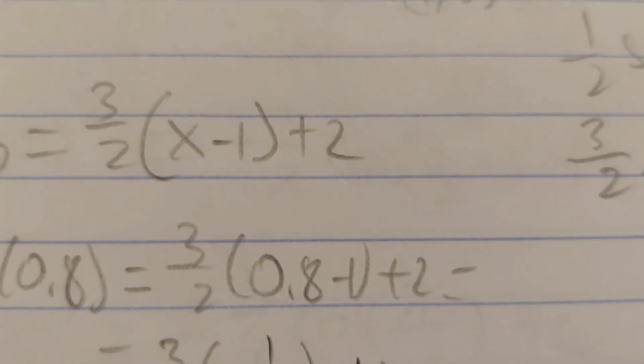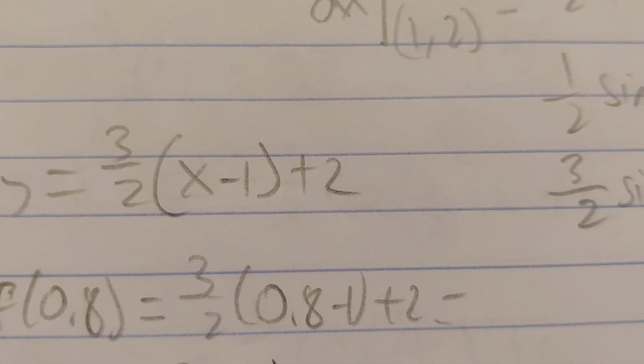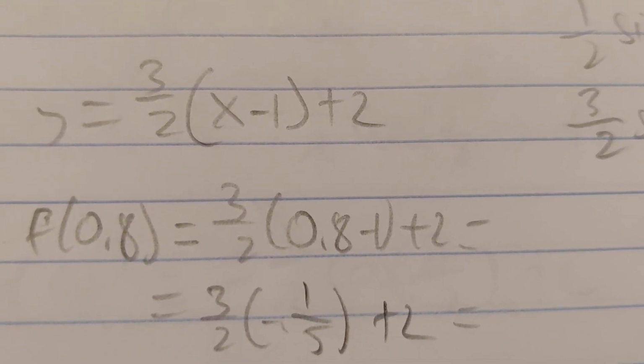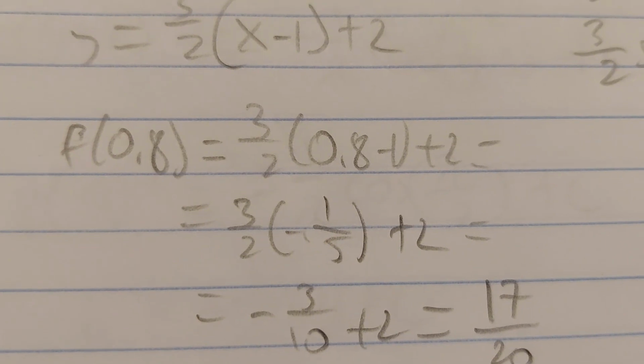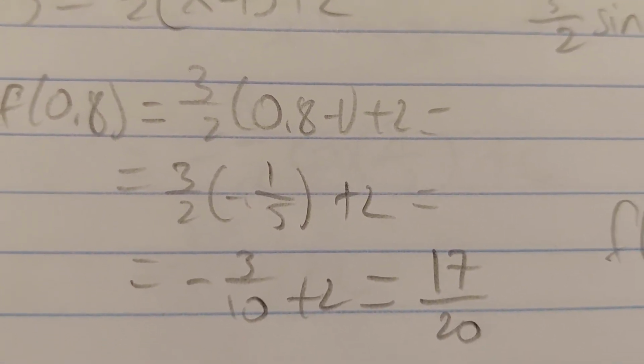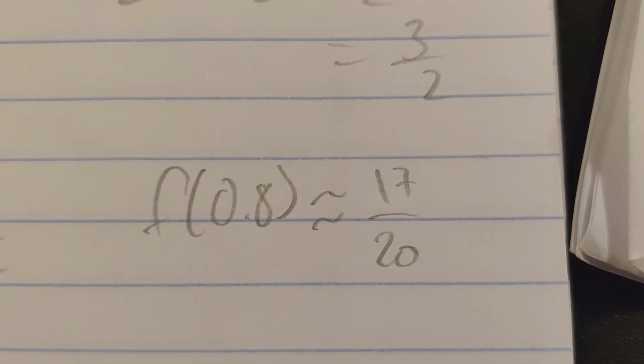So we get 3/2 times (0.8 − 1) + 2, which is 3/2 times negative 1/5, plus 2. That gives us negative 3/10 plus 2, which is 17/10. So the approximation of f(0.8) is 17/10.